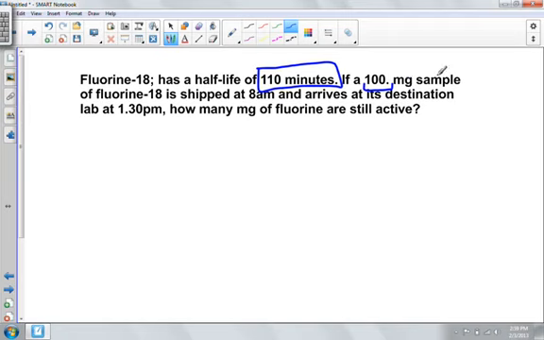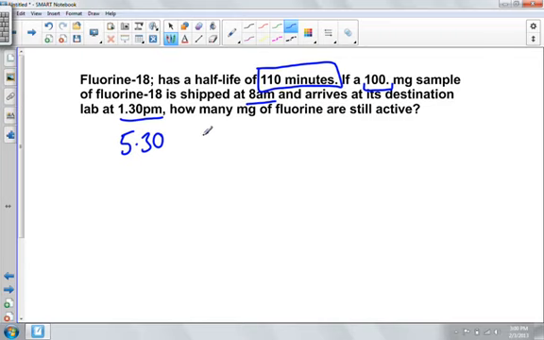If a 100. milligram sample of fluorine-18 is shipped at 8 AM and arrives at its destination at 1:30 PM, how many milligrams of fluorine are still active? So again, we have some time questions here. We have to figure out how many half-lives have occurred. From 8 AM to 1:30 PM, that is 5 hours and 30 minutes, so 5.5 hours.